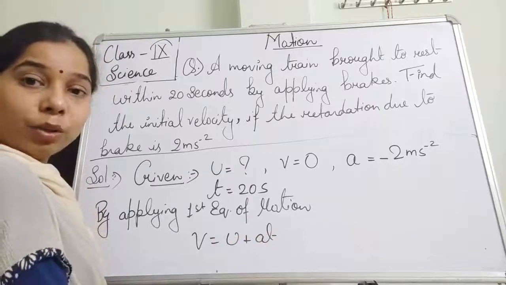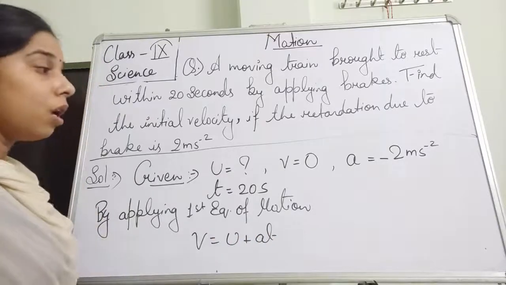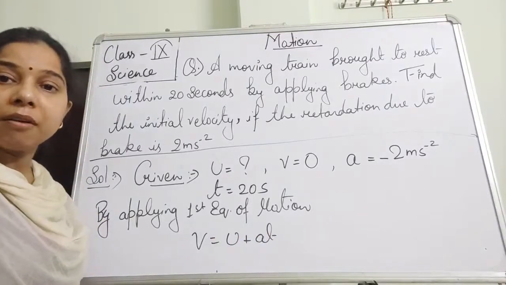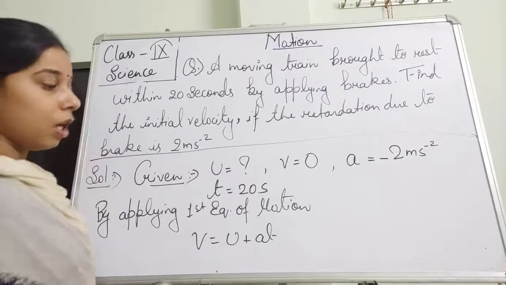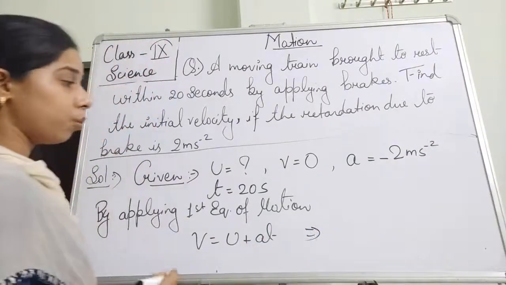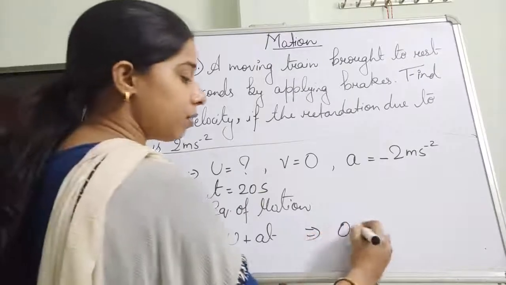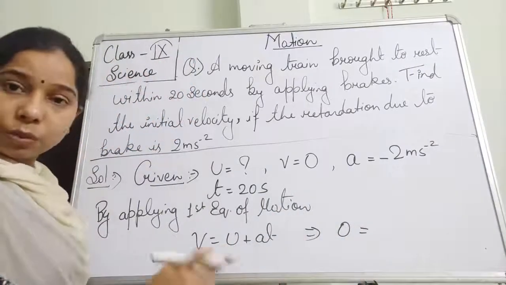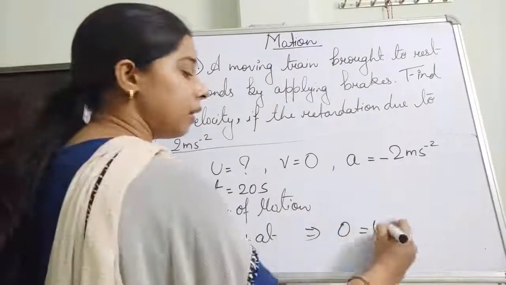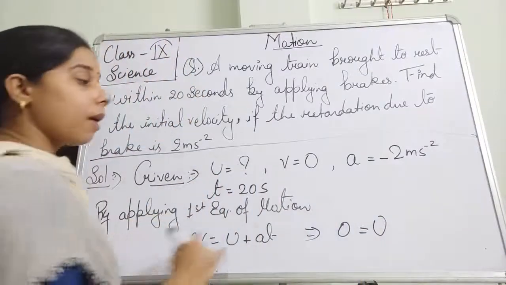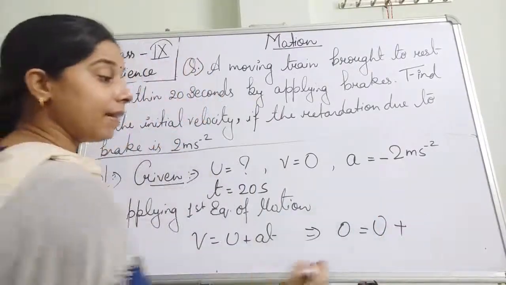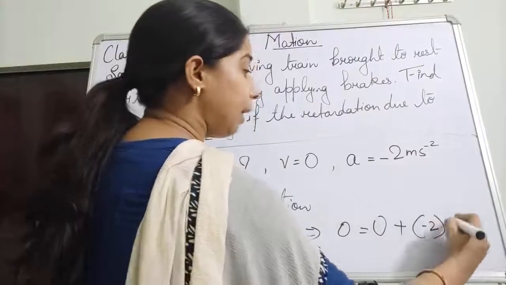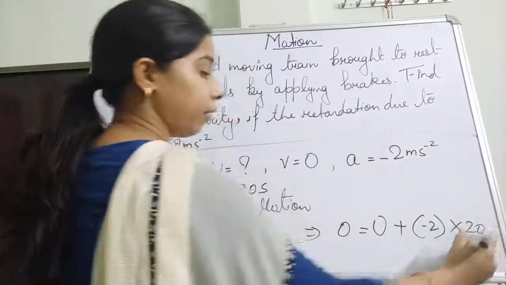Now putting the values of v, u and t here, we will get the initial velocity at least. So I am simply putting the values here, students. So v is already given, that is 0, equals u. This we have to calculate, so I am simply writing u as it is, plus a is given, that is minus 2, and t is given, that is 20.